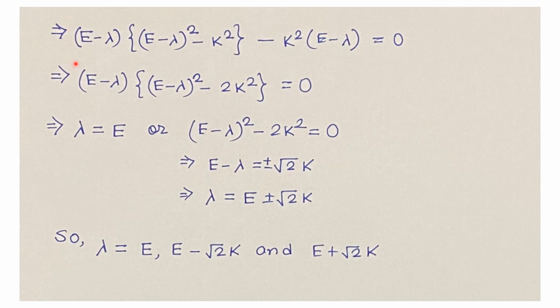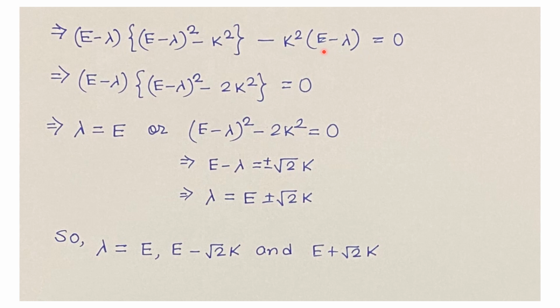So from the previous slide, what we obtained is E minus lambda whole square minus k square times E minus lambda, that equals 0.